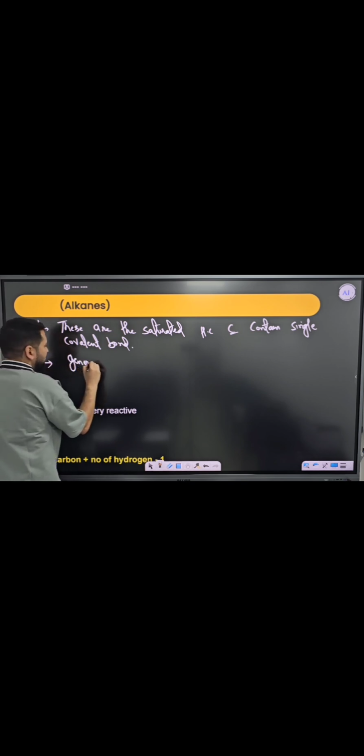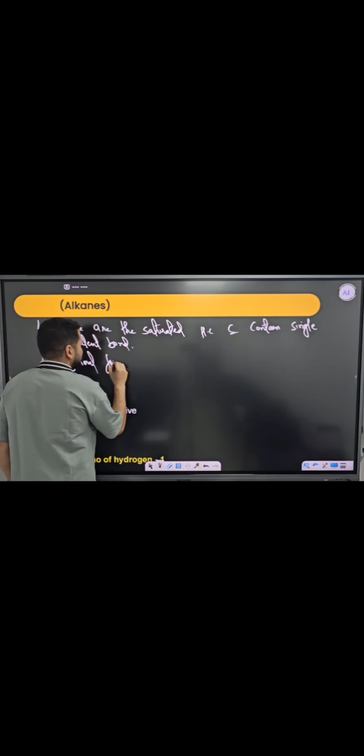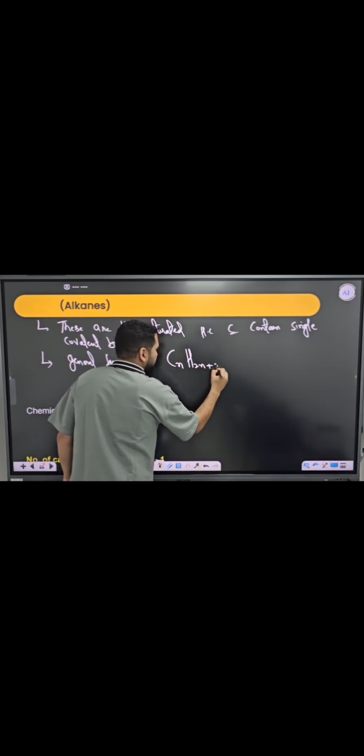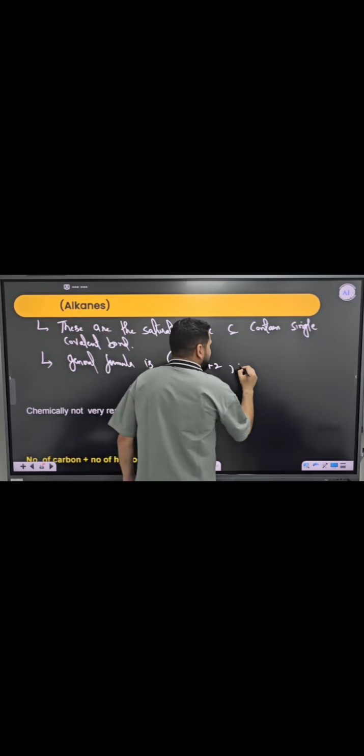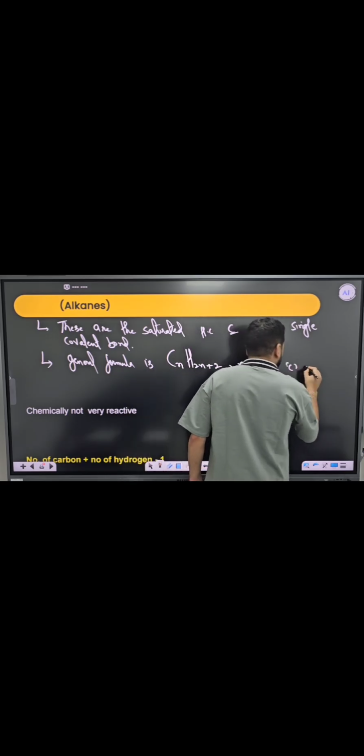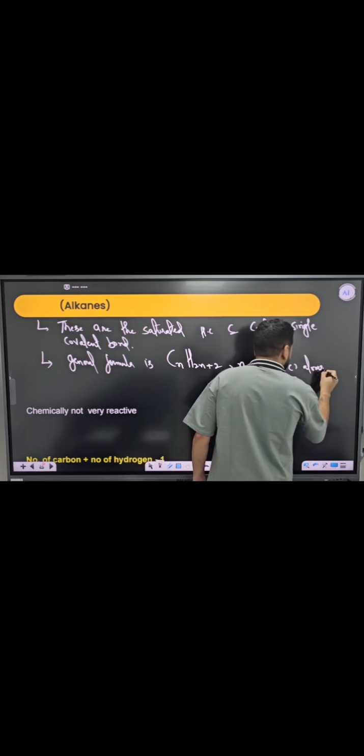Their general formula is, everything I'll make you clear guys, CnH2n+2, right? Where n is the number of carbon atoms. Clear?